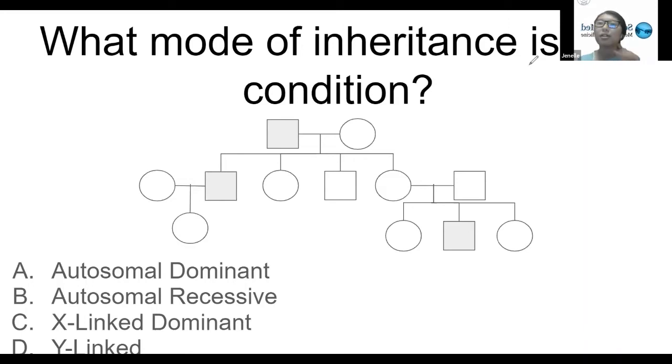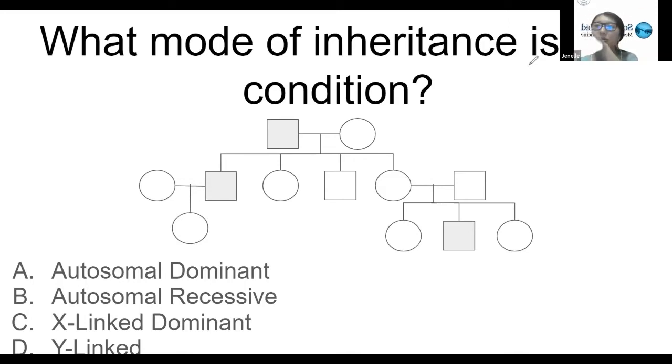So I'm going to backtrack a little bit just to debrief on how to read a pedigree. Here you'll see usually squares represent males and circles represent females. And this line in between them usually means that those two are mated, or they crossed in order to produce these next offspring.